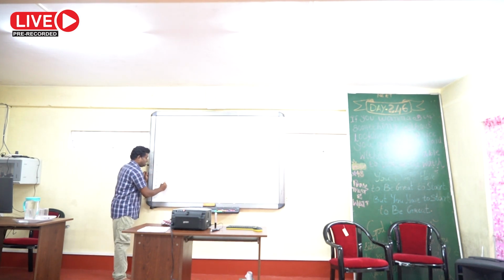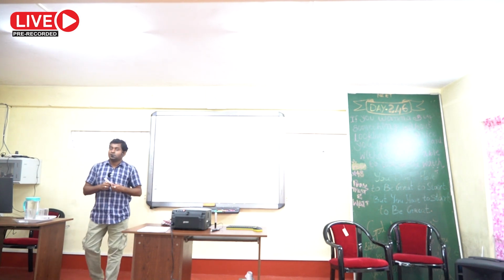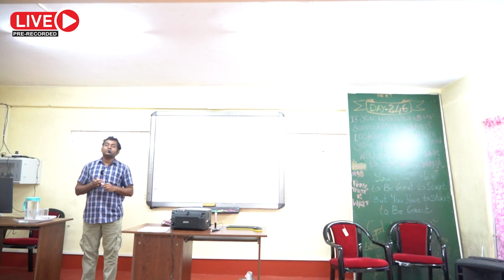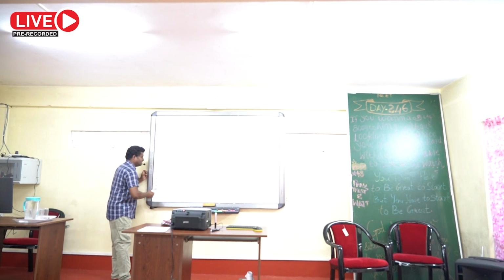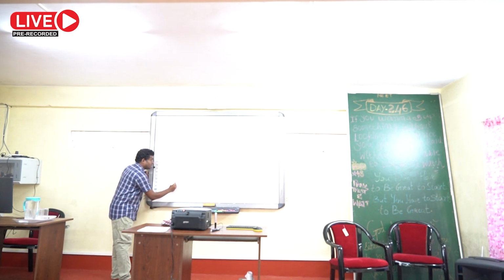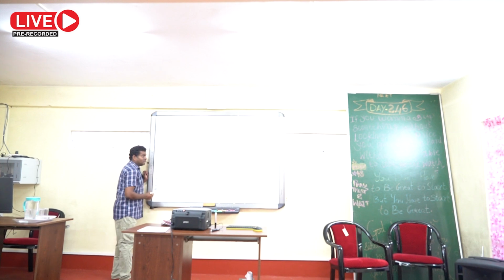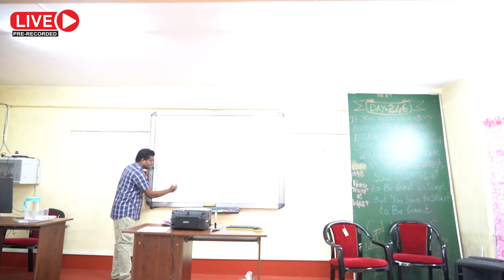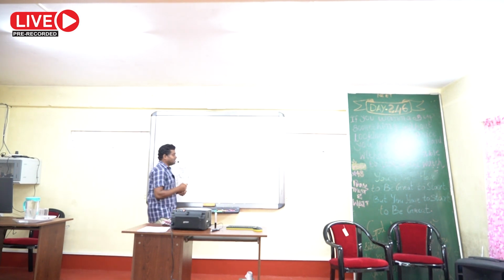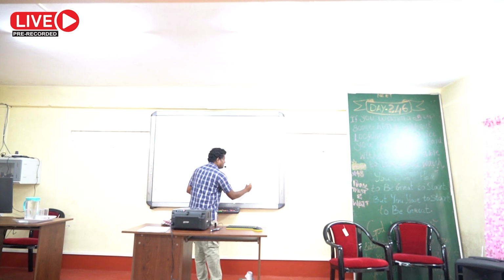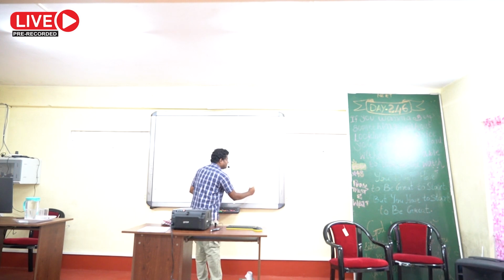Then what is omega? Omega can be written as 2 pi f, because omega is equal to 2 pi f. So delta omega will be 2 pi into delta f.